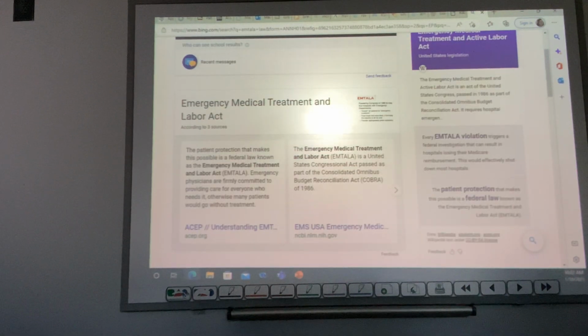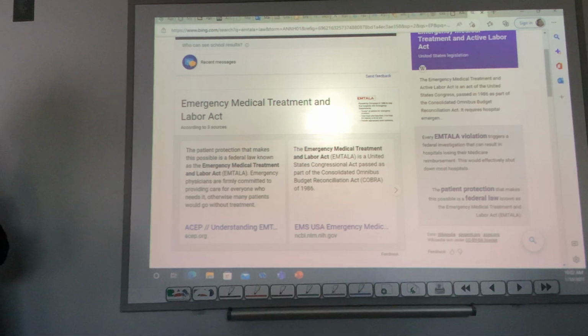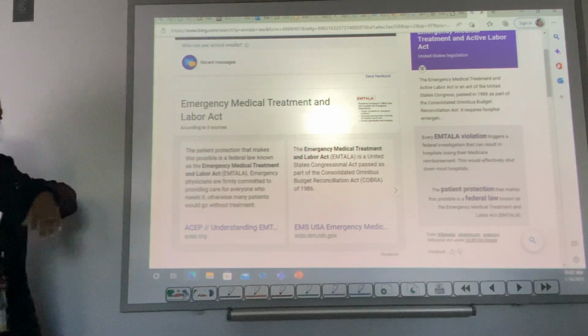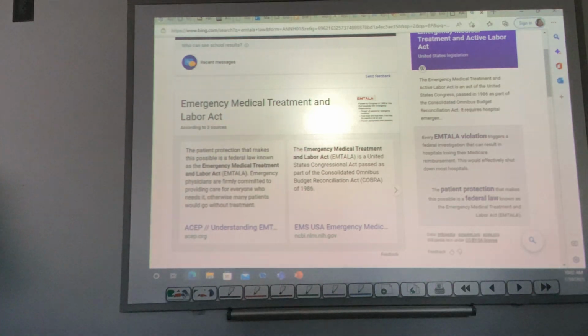So that's what it's called. When we say EMTALA, that's just the acronym for it, but this is what it stands for: the Emergency Medical Treatment and Labor Act.